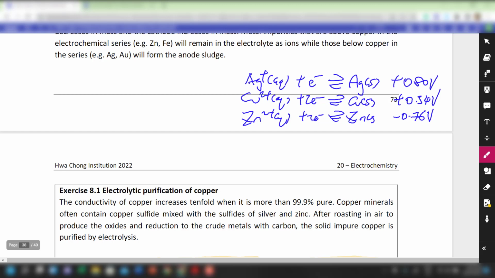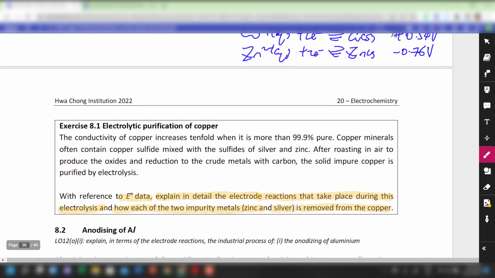We need to be very clear about that, because we are supposed to explain how each of these impurity metals is removed. The silver will fall off as anode sludge because the reduction potential of silver plus to silver is more positive than that of copper 2 to copper. I think you have to mention this explicitly.